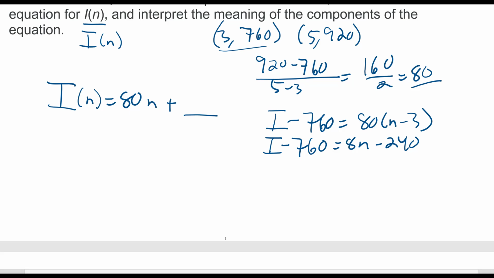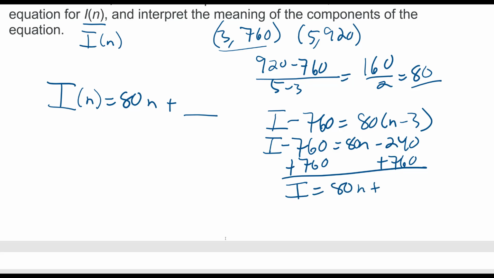And I can add 760 to both sides. This would be 80n. And I have I equals 80n plus 520. So it looks like $520 is the commission, or the base pay, plus $80 per policy that is sold.